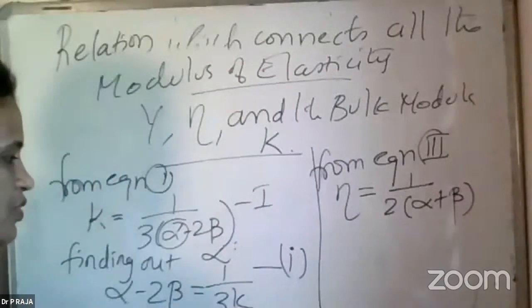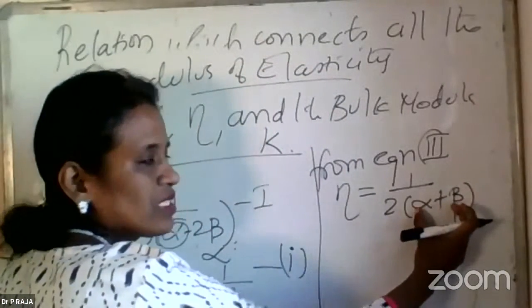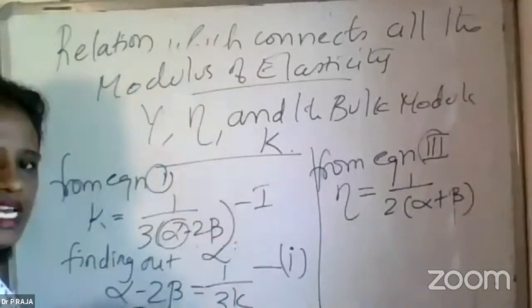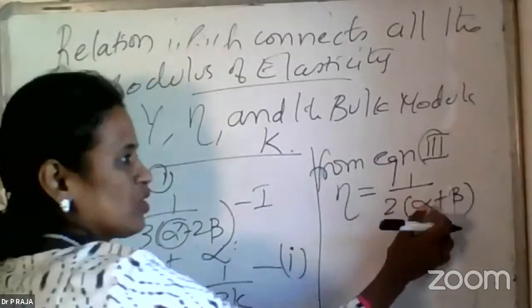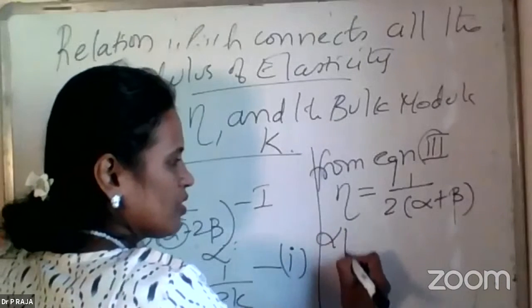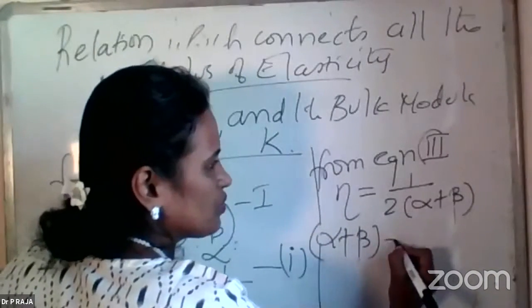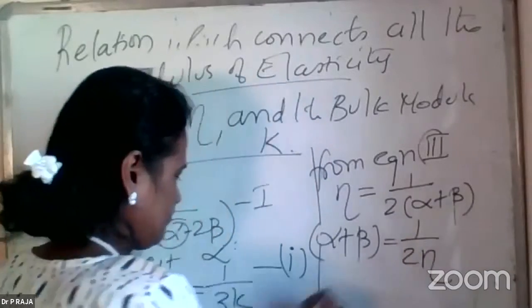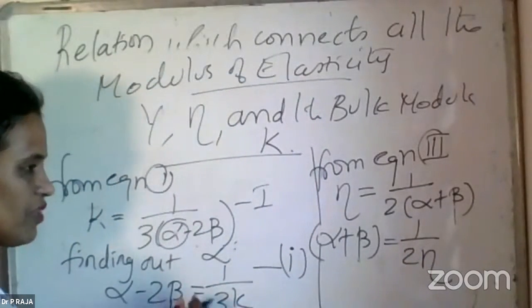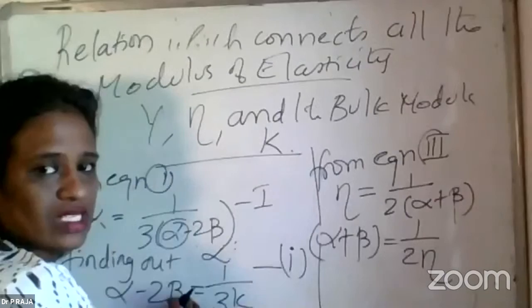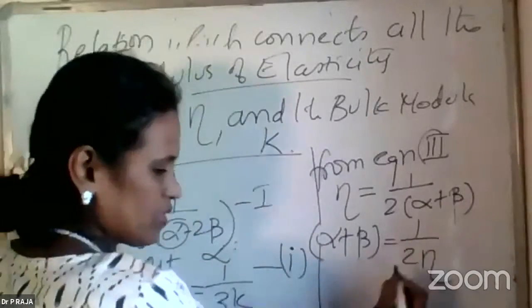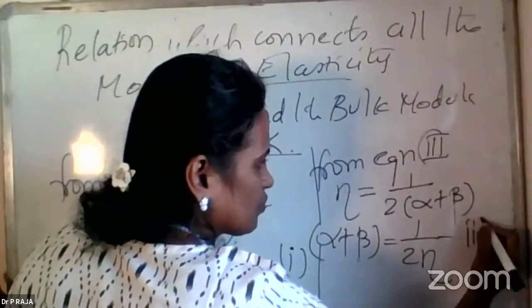Now take out this alpha plus beta separately. Here also I've separated alpha minus 2 beta. So I'm going to take this on the other side: alpha plus beta is equal to 1 by 2 eta. This I will put as equation number 2.